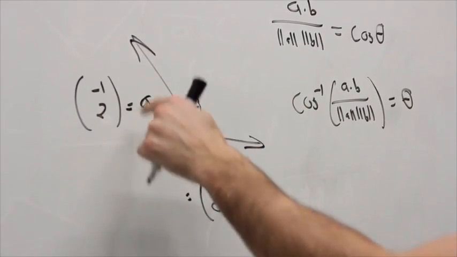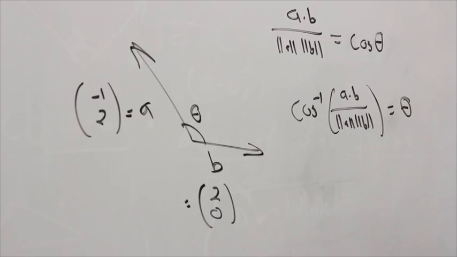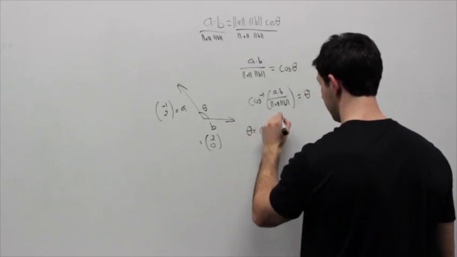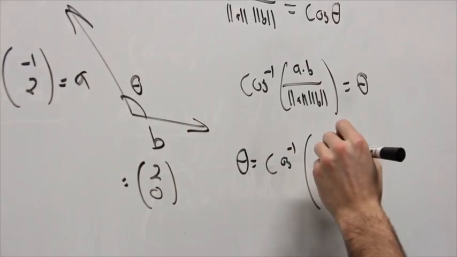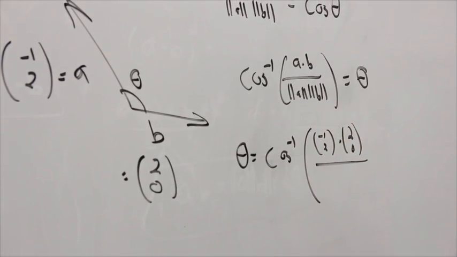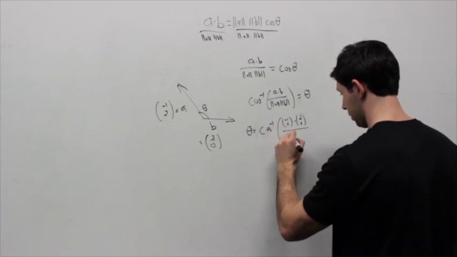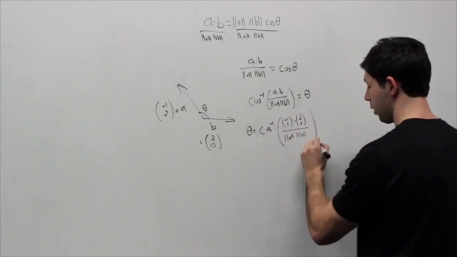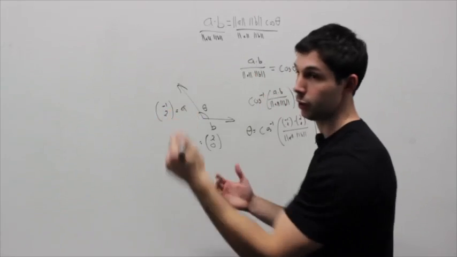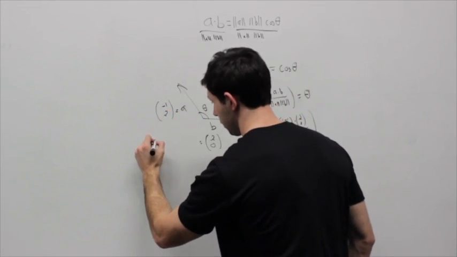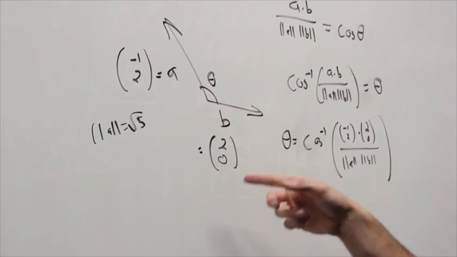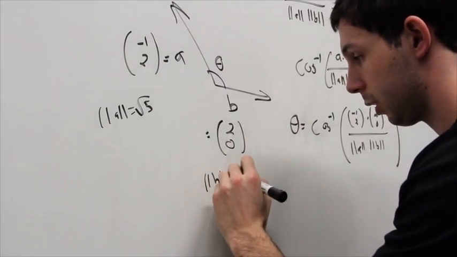So by plugging this in, theta equals the arc cosine of A dot B, which is (-1, 2) dot (2, 0), over the magnitude of A times the magnitude of B. The magnitude of A is 1 squared plus 2 squared, and then you take the square root. So that's the square root of 5. And the magnitude of B is the square root of 2 squared plus 0 squared, so the magnitude of B equals 2.